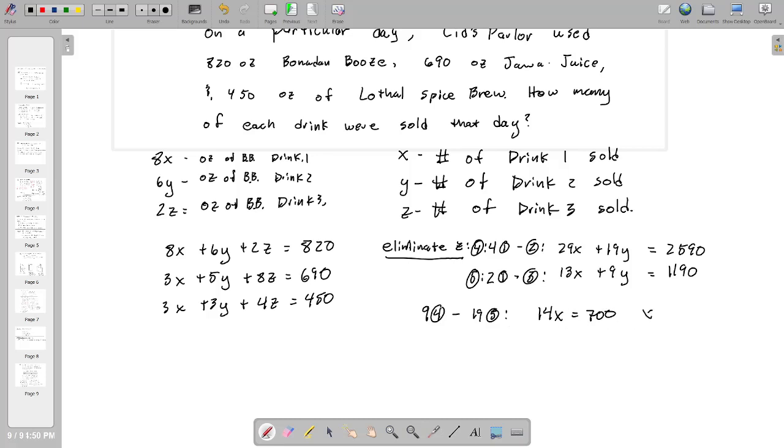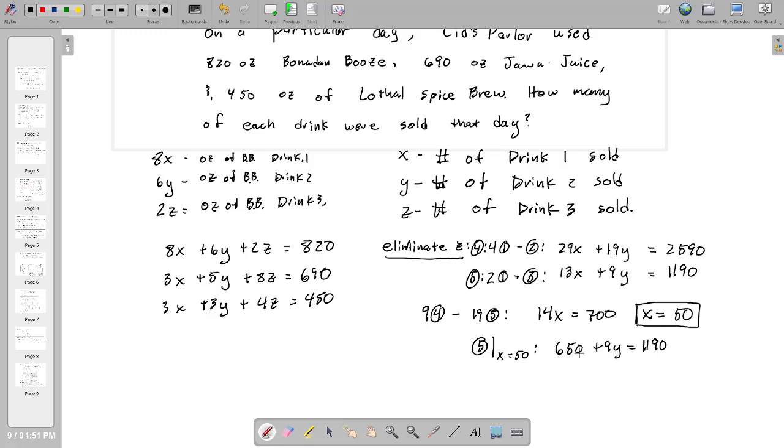Then if we solve for x, we get x is equal to 50. Plug in 50 for x in equation 5. We do 13 times 50, which is 650, plus 9y is equal to 1190.